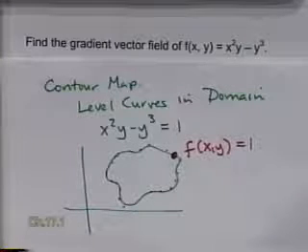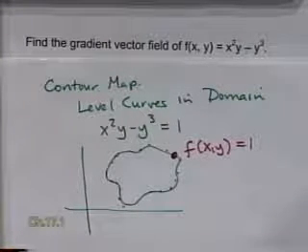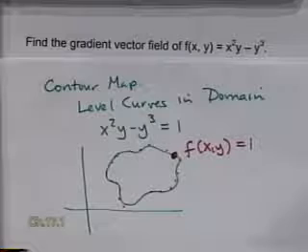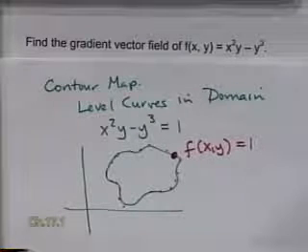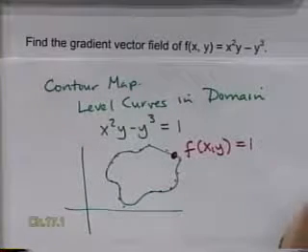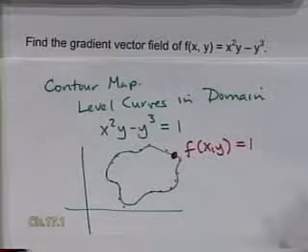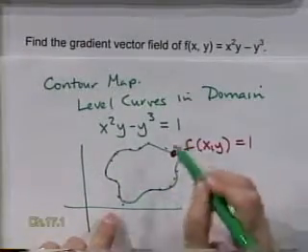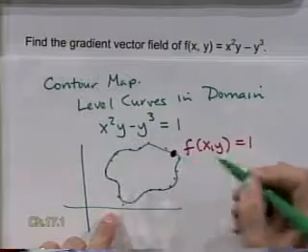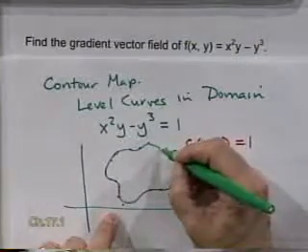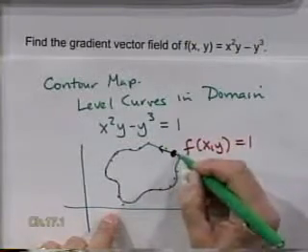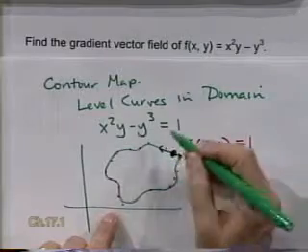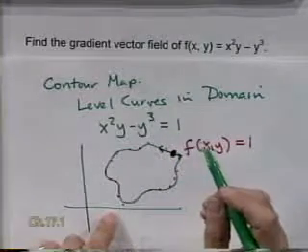Now, think back in chapter 15. What did the gradient do? The gradient at a point pointed you in the direction of maximum change for the directional derivative, right? Think about it. If I'm along a level curve, if I'm at this point right here, and I point myself in the direction this way or that way of moving still, walking along the level curve, how much is my function changing?